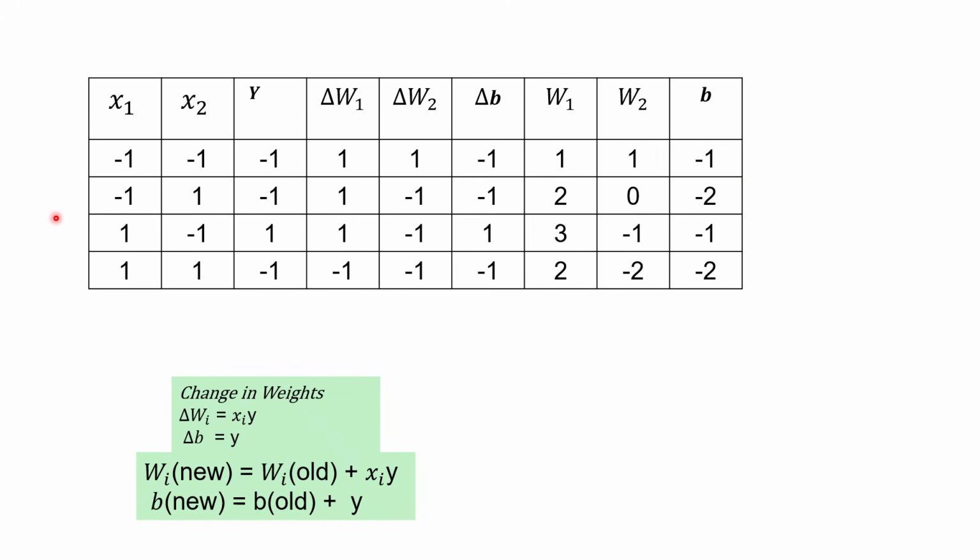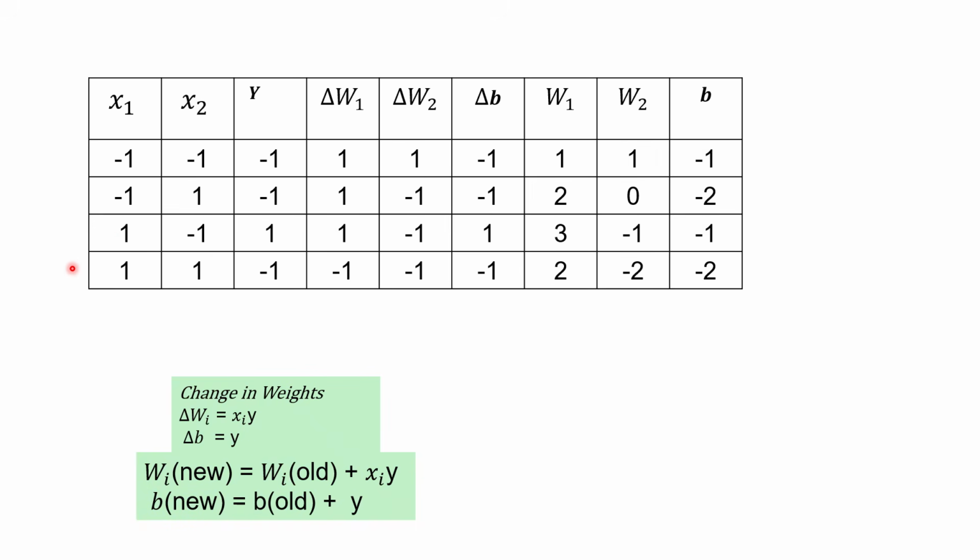For the second input combination, -1, 1, with target -1, del W1 is -1 into -1, that is 1, del W2 is 1 into -1, that is -1, and del B is -1. The updated weights are 1 plus 1, that is 2, 1 plus -1, that is 0, and -1 plus -1, that is -2.